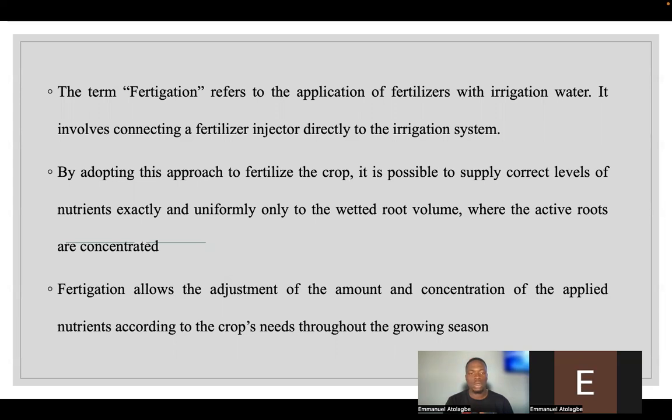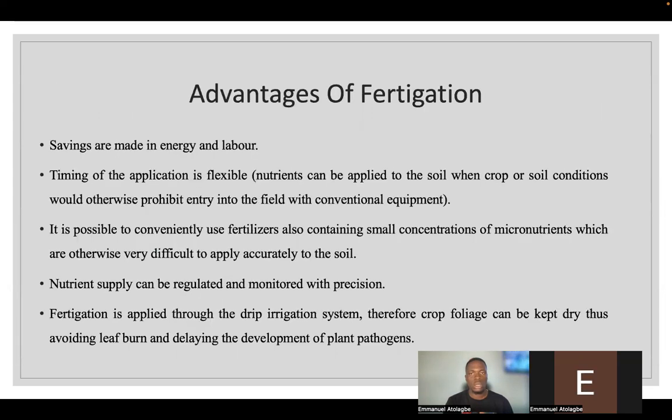And this has a lot of advantages. One critical advantage is that it saves you time and energy.